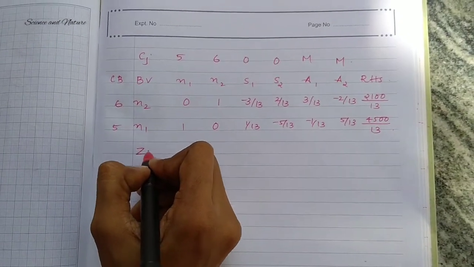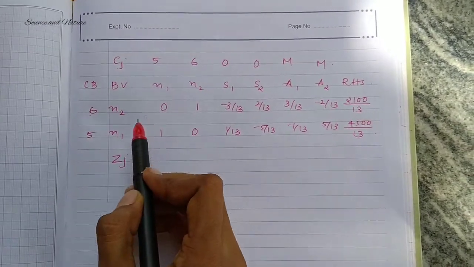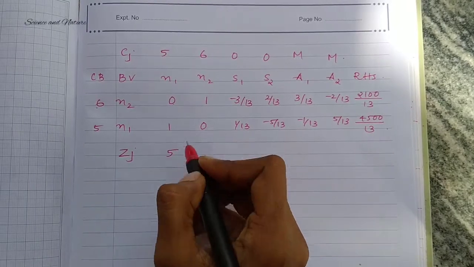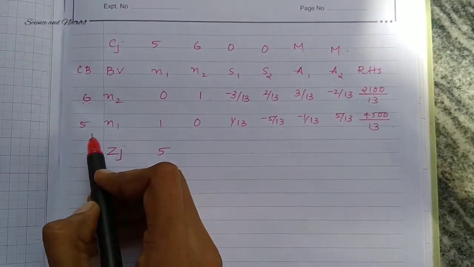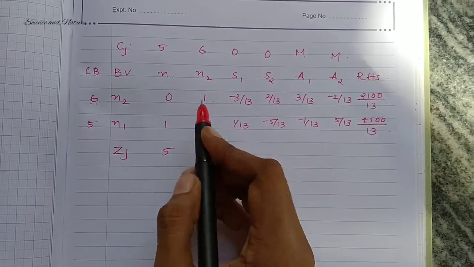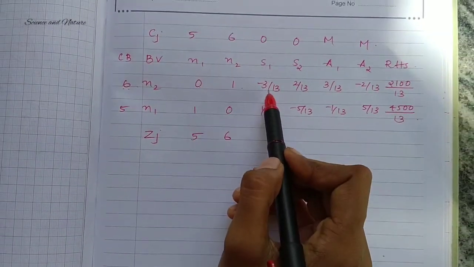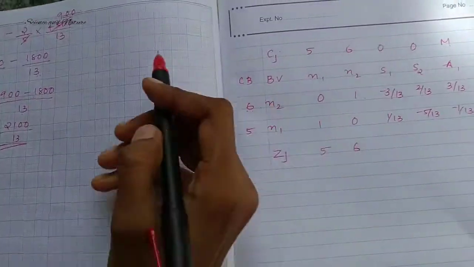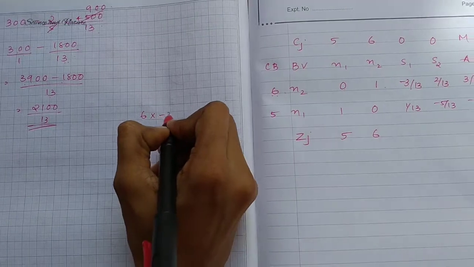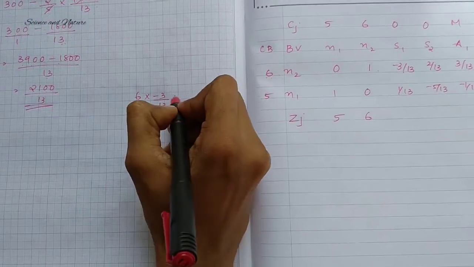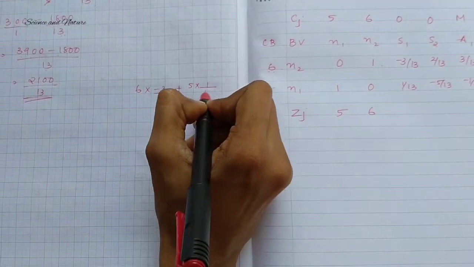Then we need to find the Zj. 6 into 0 plus 5 into 1, that is 5. Then 6 into 1 plus 5 into 0, that is 6. Then 6 into minus 3 by 13 plus 5 into 1 by 13.